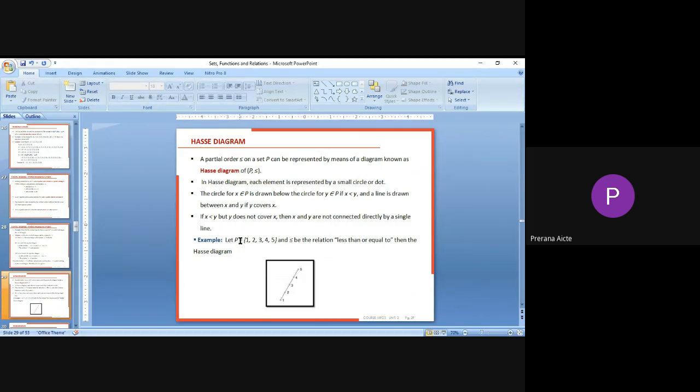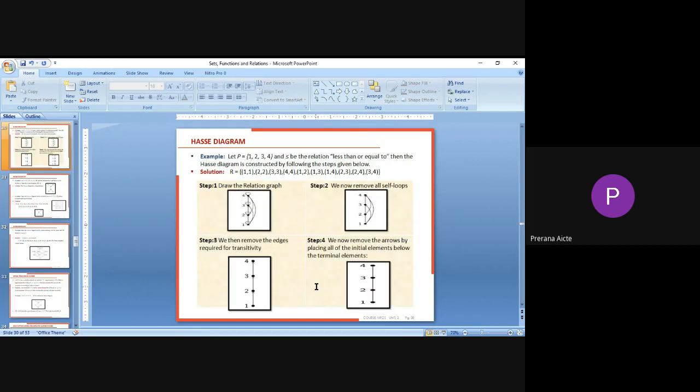Suppose we consider P equal to 1, 2, 3, 4, 5 and less than or equal to as the relation. Then, by following the partial order set property, I can construct the Hasse diagram like this. This is an important one. Here are the examples of how we are going to construct the Hasse diagram. First, you have to identify the ordered pairs in that relation by following the given property.